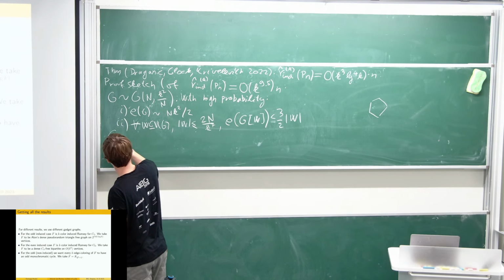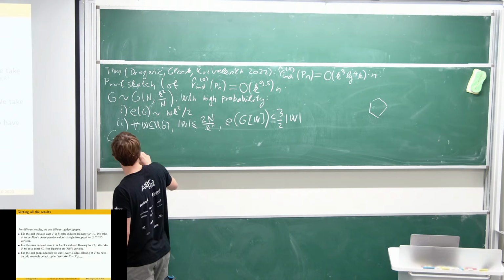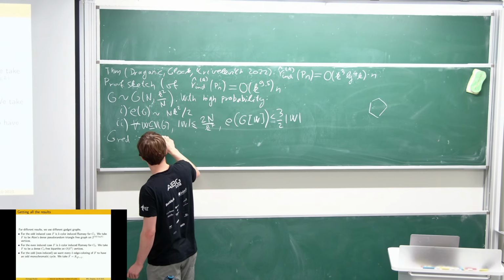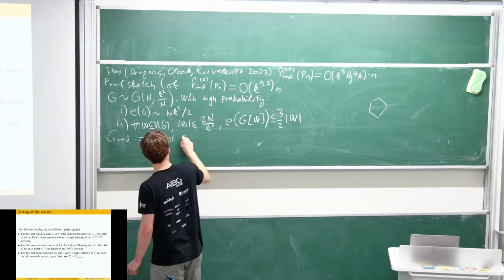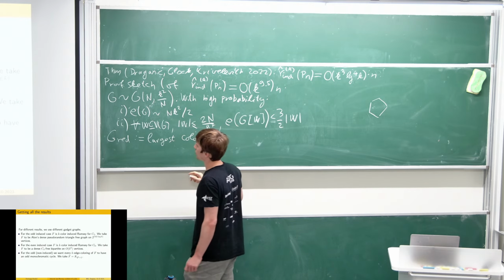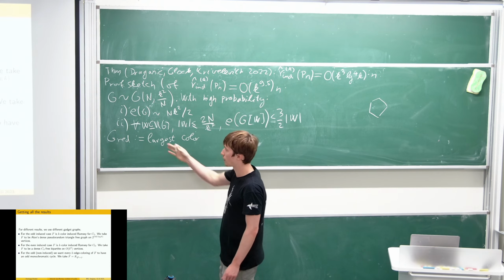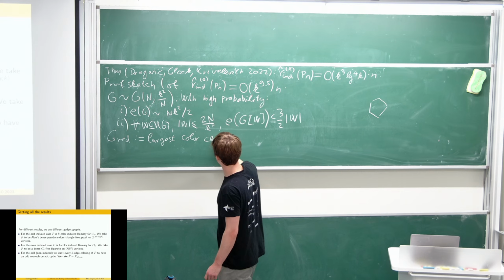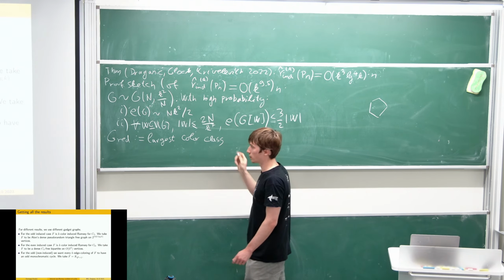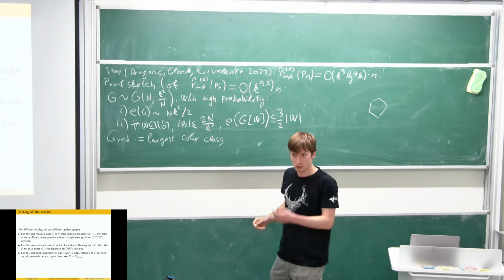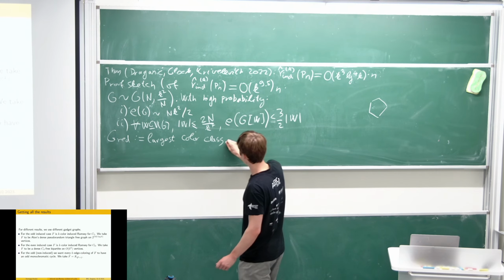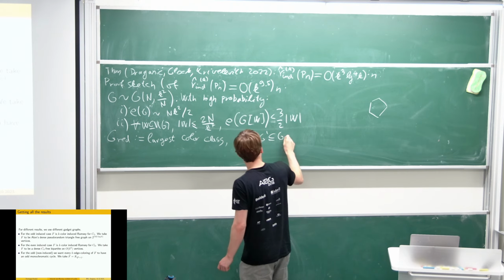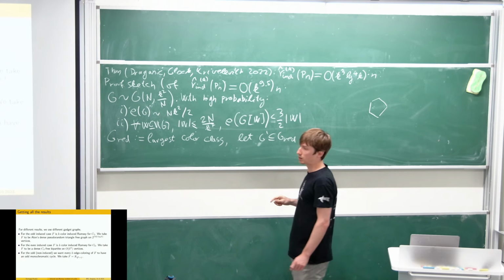Now, what you do is, let's say that red is the color which appears most often. I call G red the red subgraph, and I will clean it for minimum degree.